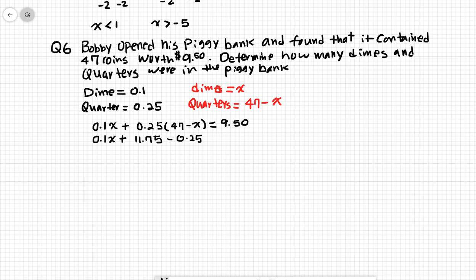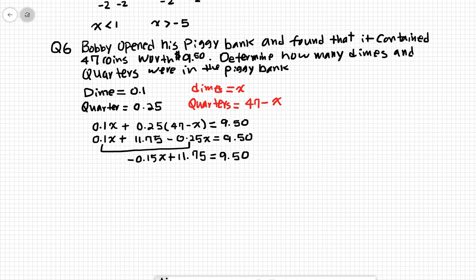Now remember you have to use the distribution property here. And then I have 9.50. If I combine the x terms over here, I'll have minus 0.15x plus 11.75 equals 9.50.